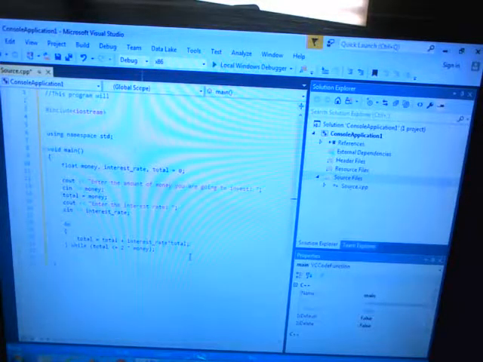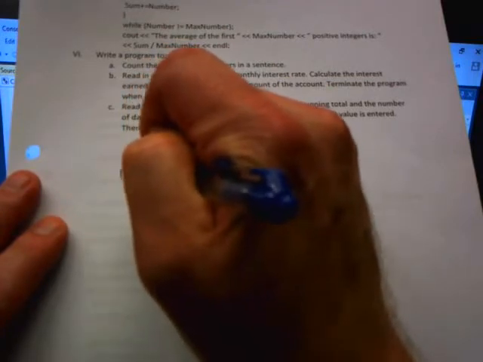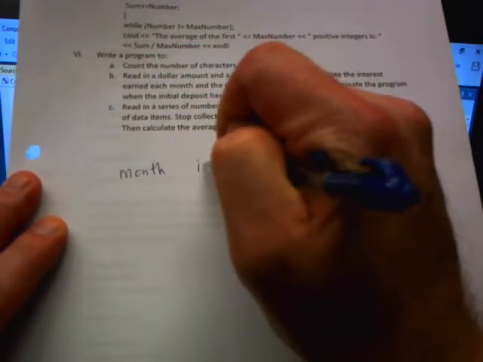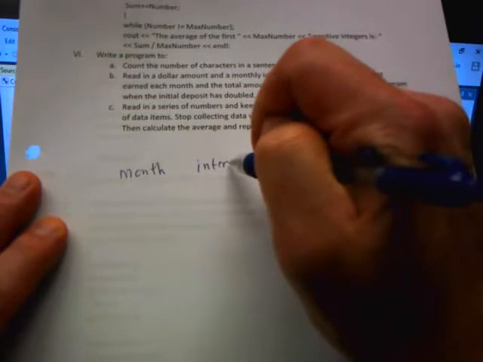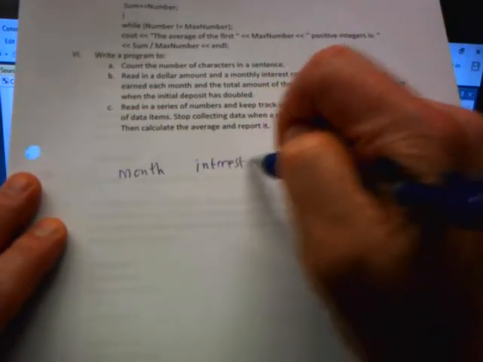Yeah, in fact, right now this is going to do some calculations. This is not going to print anything, is it? I think what would be nice is if we built a chart which had month, interest earned, and then total.